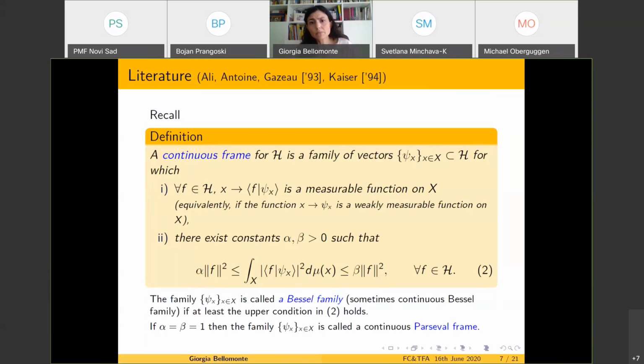A continuous frame for a Hilbert space is a family of vectors for which this is a measurable function on X for every f in H, and there exist two positive constants alpha and beta such that this double inequality holds true for every f in H. In particular, the family psi is called a Bessel family if at least the upper condition in (2) holds, and if alpha and beta are equal to 1, then the family is called a continuous Parseval frame.